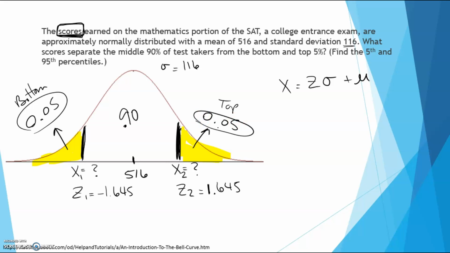Or what we could do is, from this point all the way over, get the area from that z-score all the way to the left, which means I'm picking up that 0.90 and that 0.05. If I add those two, I get 0.95. That's the area to the left of z sub 2.